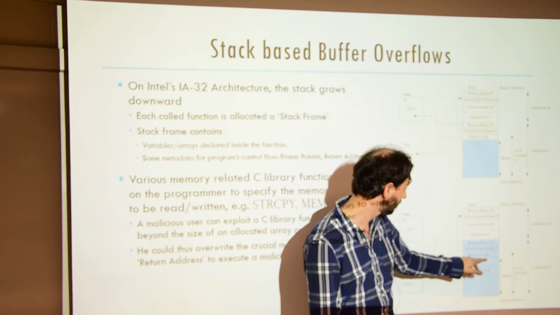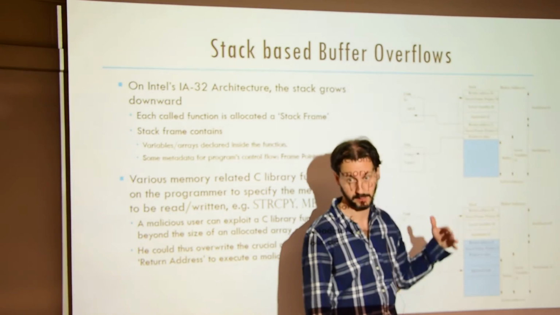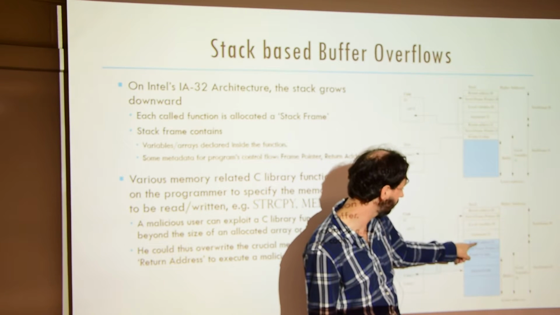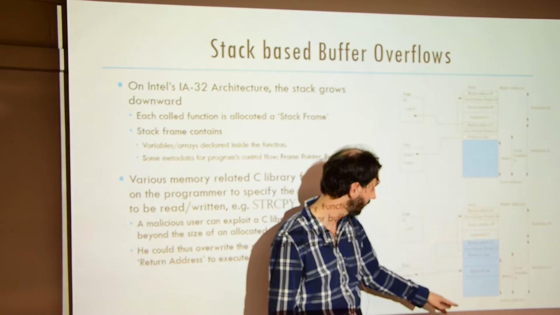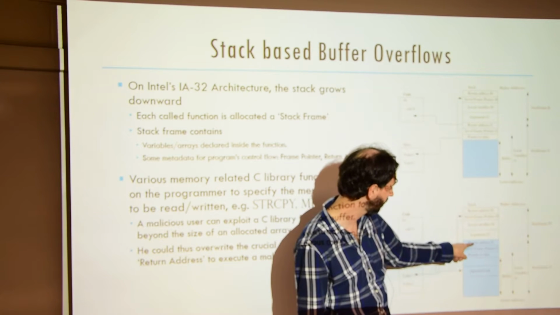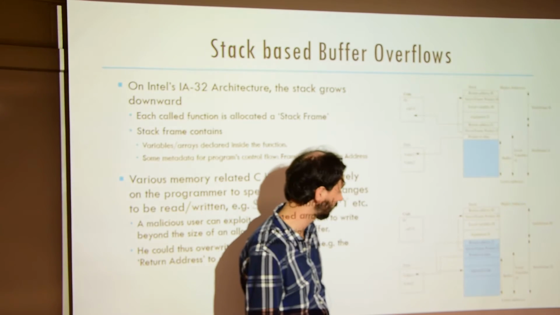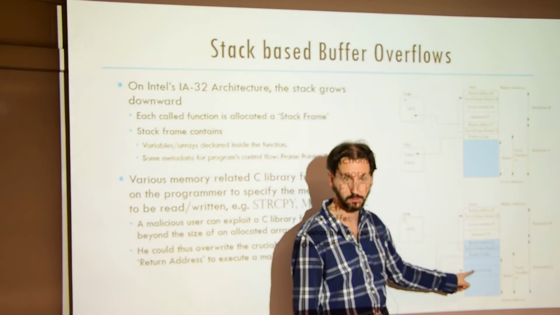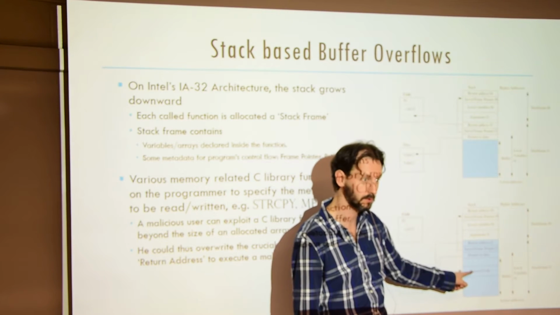And in addition, we're going beyond the buffer's limits and overwrite all this other stuff, including the return address. So if we are going to pop off all this from the stack, we get to the return address, and suppose the return address points at your injected code, then you start executing this injected code.